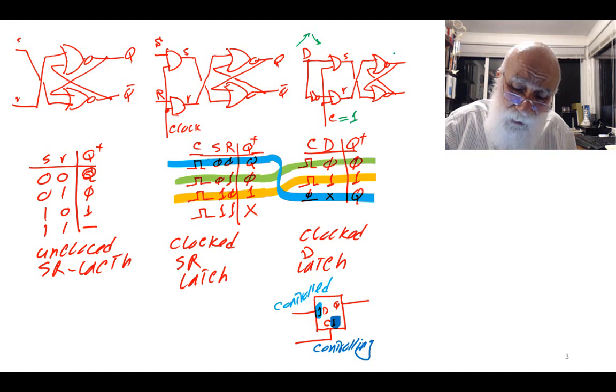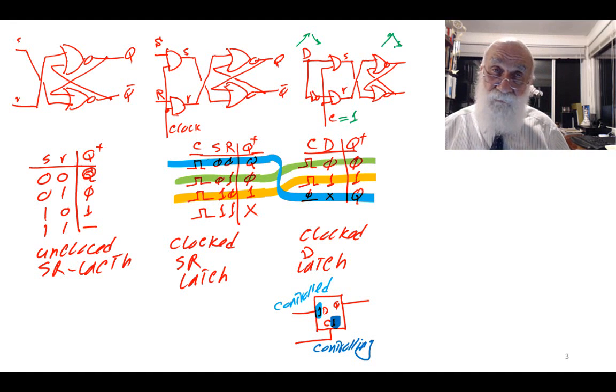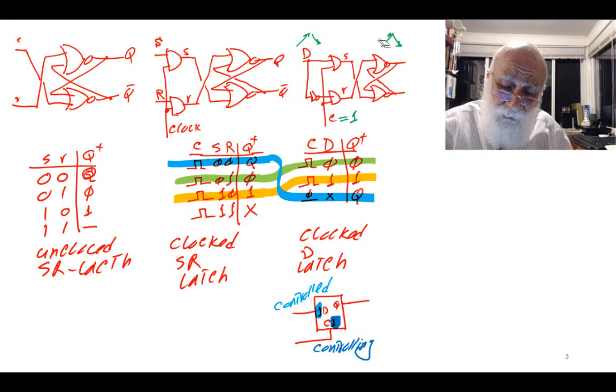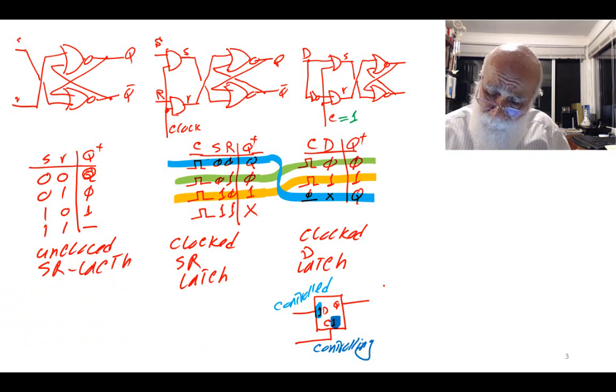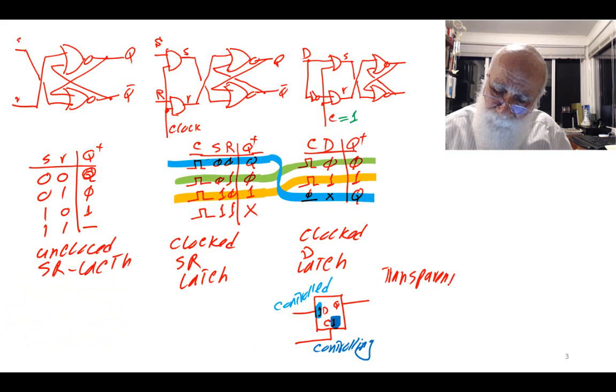What it means is the Q output follows whatever happens on D. So it's transparent. It's as if it doesn't even exist. D changes, Q changes, for as long as the clock is 1. And that's why this circuit is also called a transparent D-latch.